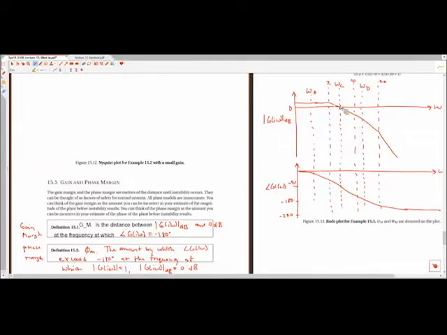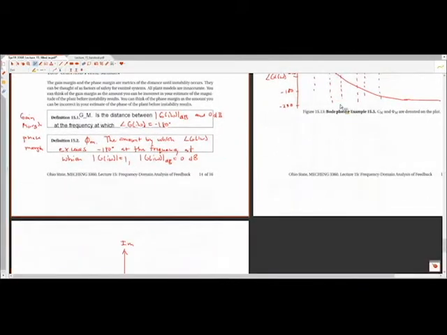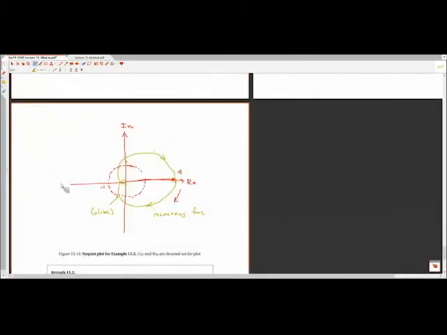So that would be a case where G of i omega is a vector, and the vector has magnitude 1. So that would be this vector here with magnitude 1, or also where it intersects the unit disk. Does that make sense? Okay.